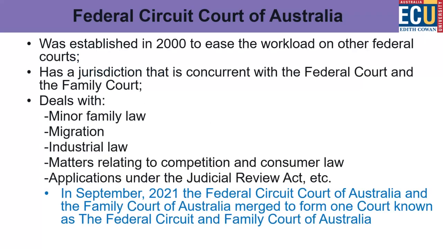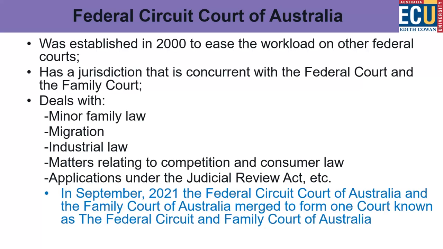Ultimately in 2021 these 2 courts have been put together again under this combined system, the Federal Circuit and Family Court. They have 2 divisions, Division 1 and Division 2, and they follow the same structure, but it's just not 2 separate courts anymore.